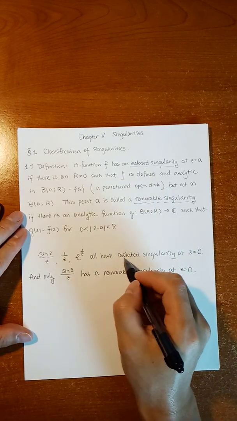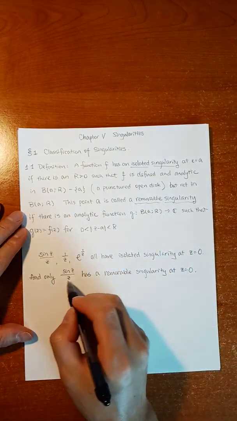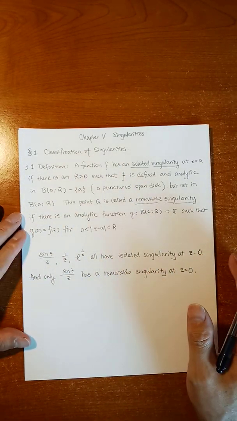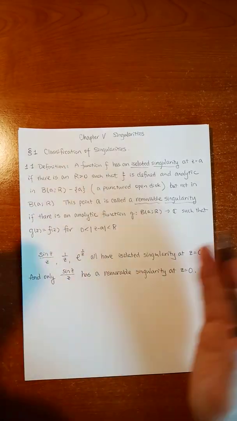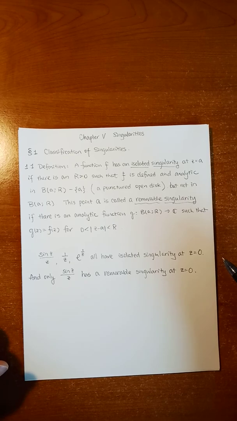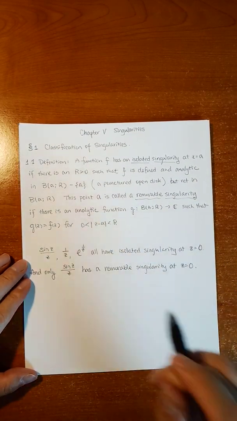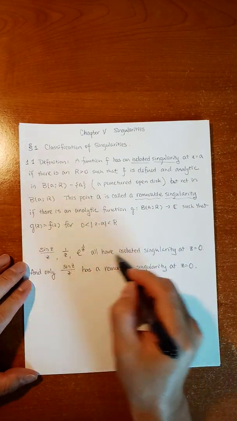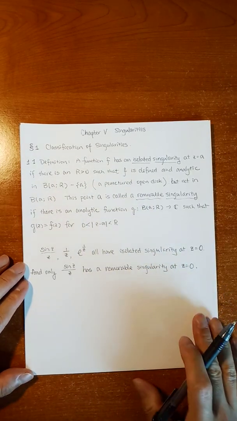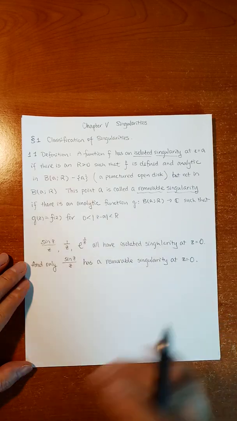They all have isolated ones, but just sine z over z has a removable one. These two are not removable, which means you cannot extend the function to z equal to 0. That's the remark so far. Why this is removable, we will prove.